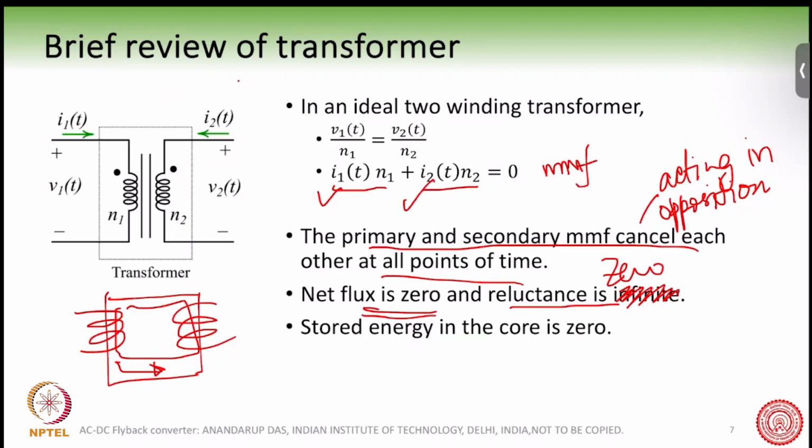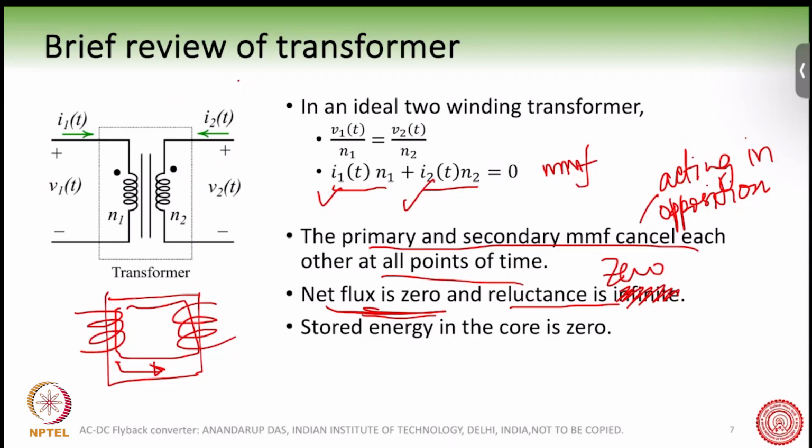This is the principle of the transformer operation. In an ideal transformer, they will perfectly cancel each other, and so the net flux in the transformer is zero, or we can say vanishingly small to zero. Okay, the correct word is vanishingly small to zero. And the reluctance is zero and the permeability is infinite.